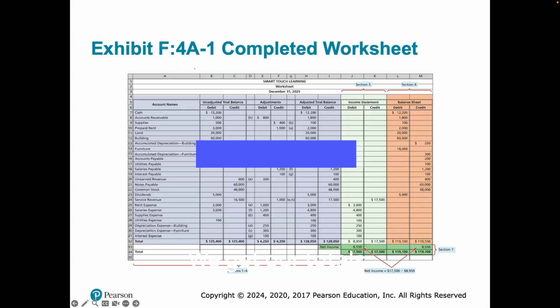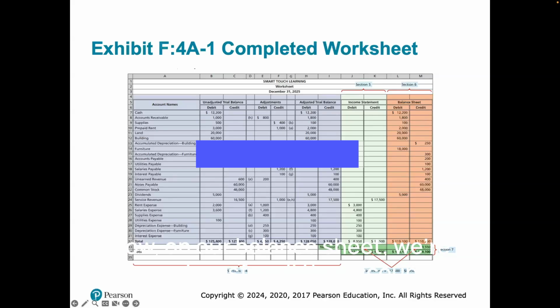We get our totals, we take the difference, and then we can see our net income, 8,550. We are going to add it back to whichever side. Now, this could be a net loss. If this was a net loss, the 8,550 would be on the credit side, right? But since we got net income, we are going to add it back on the debit side. That way we total our difference. So we have to add our expenses plus our net income to then equal our revenue. This way we can see we have net income.